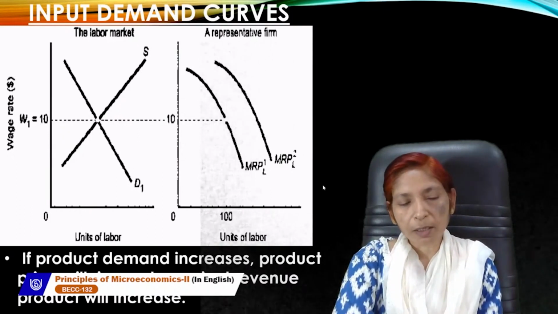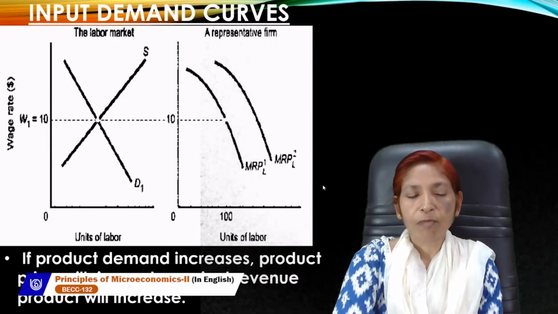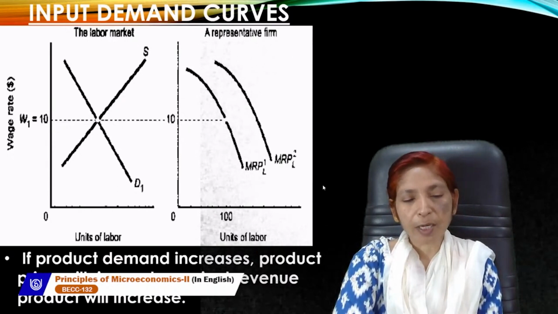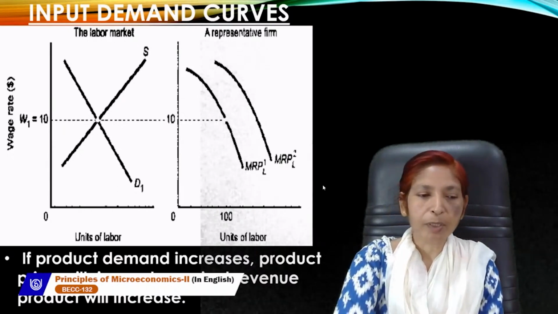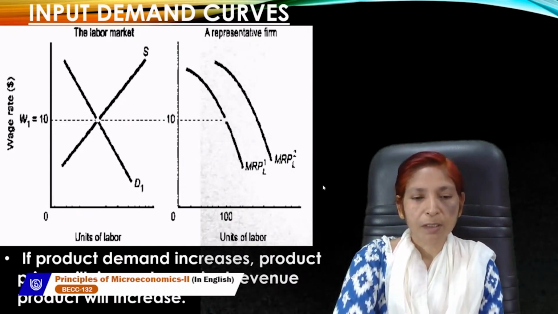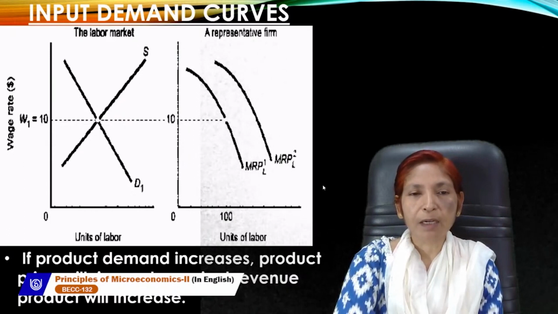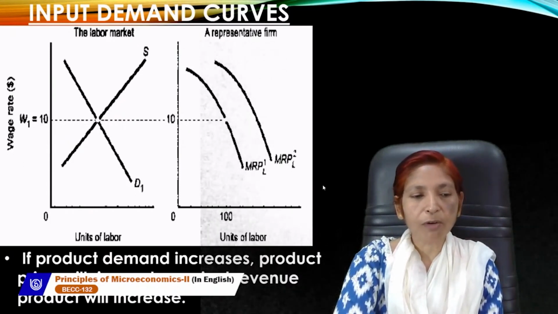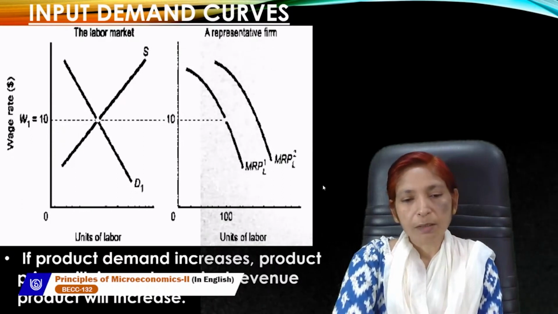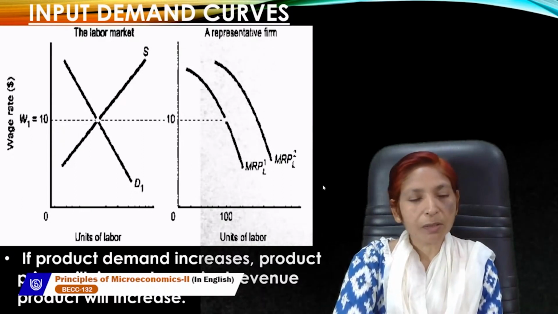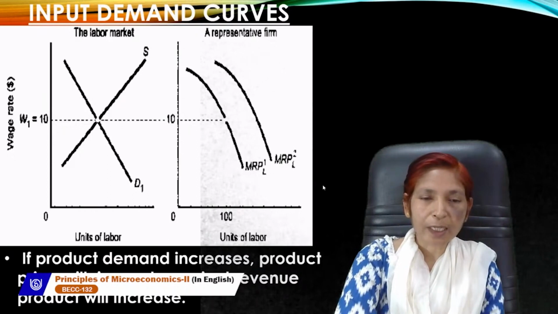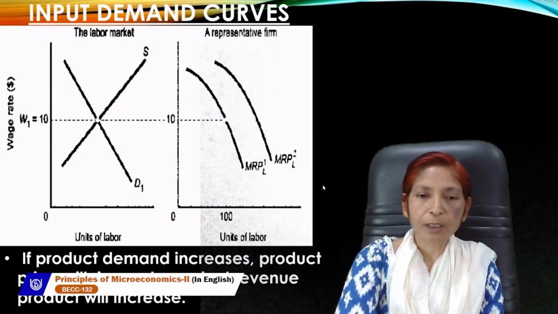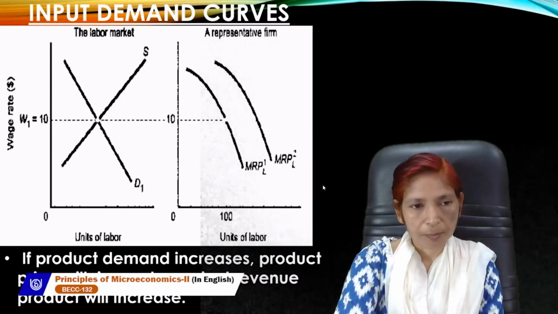When product demand rises, price will also rise, and if price rises, then MRP, or marginal revenue product, will rise. Marginal revenue product represents how much we get after selling our output, and by selling one more additional unit of product, marginal revenue product will also increase. So that's why the MRP curve shifts to the right hand side.